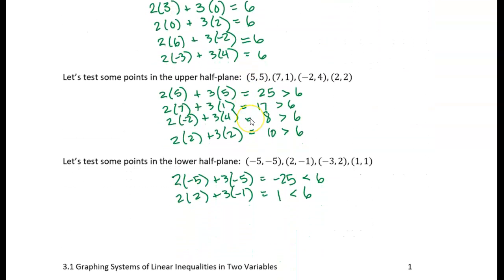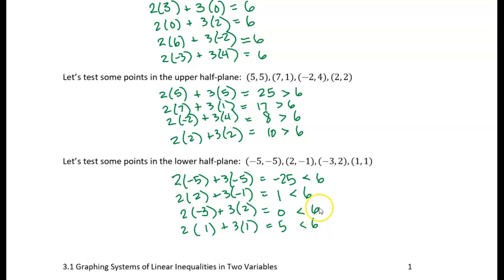And for any of these points, if I evaluate that function 2x plus 3y, I'm always going to get something less than 6. Okay, so here this one gives me 0. And if I evaluate the last one, 1 comma 1, that gives me 5. All of those are less than 6.